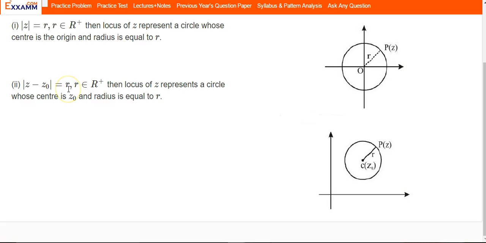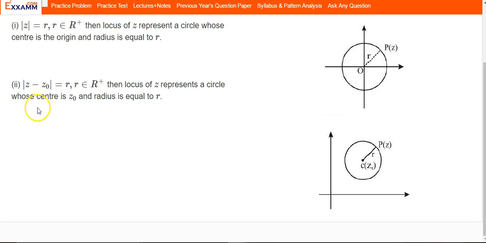Now this is a very important equation, and it has many usages, and questions based on this have come frequently in the past in IIT JEE. So please remember that modulus of z minus z0 is equal to r.